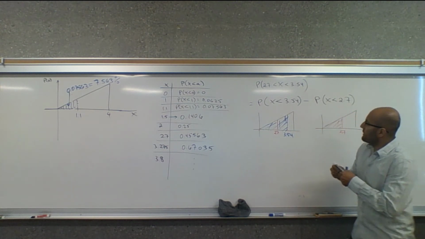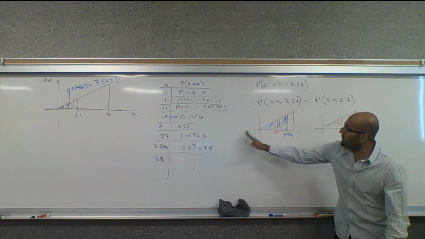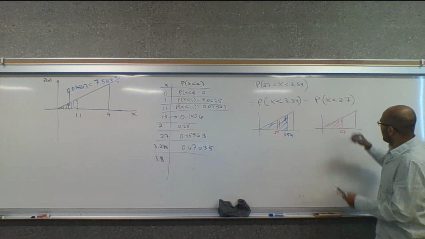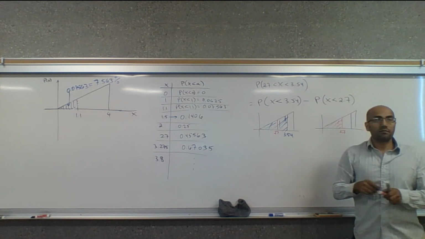So if I find the area of the big triangle to the left of 3.54, all of it, the blue, and then I subtract off the red one, then I get just the little region I want, right?